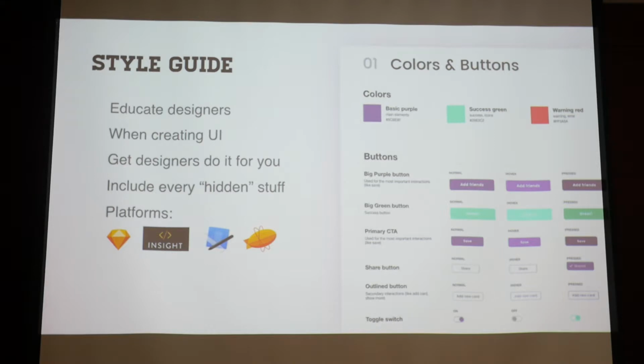If you put it in the design, that's pretty overwhelming. And as a developer, you then have to guess, okay, this should be a hover state, I guess, or whatnot. This is what style guides are for.